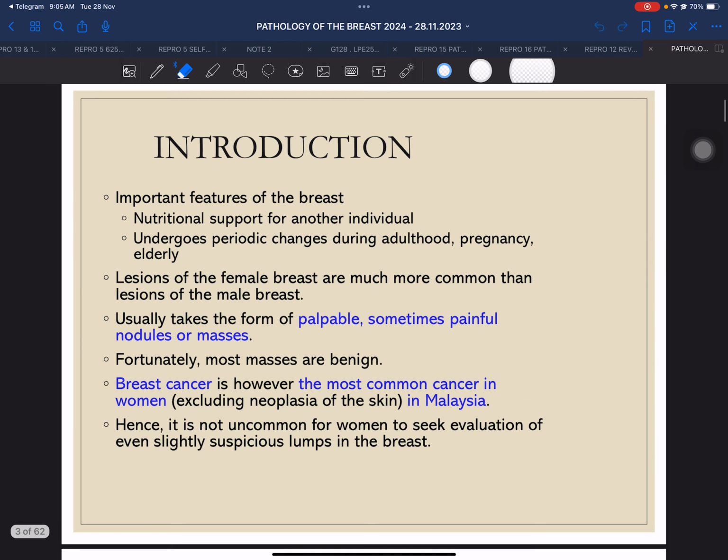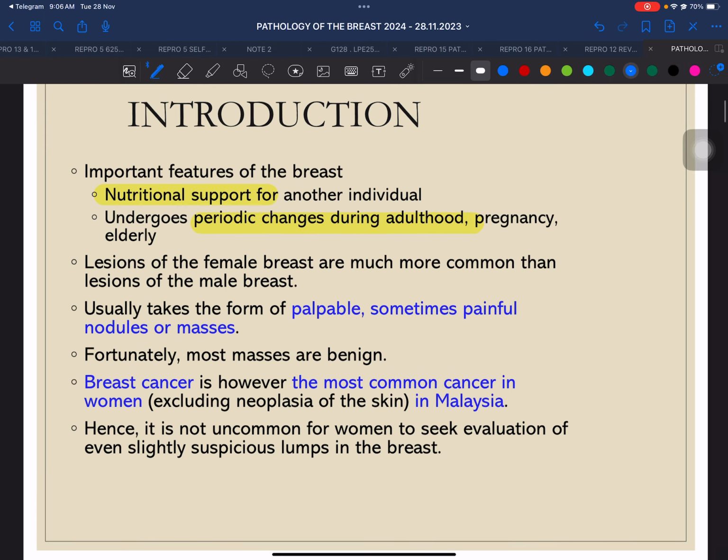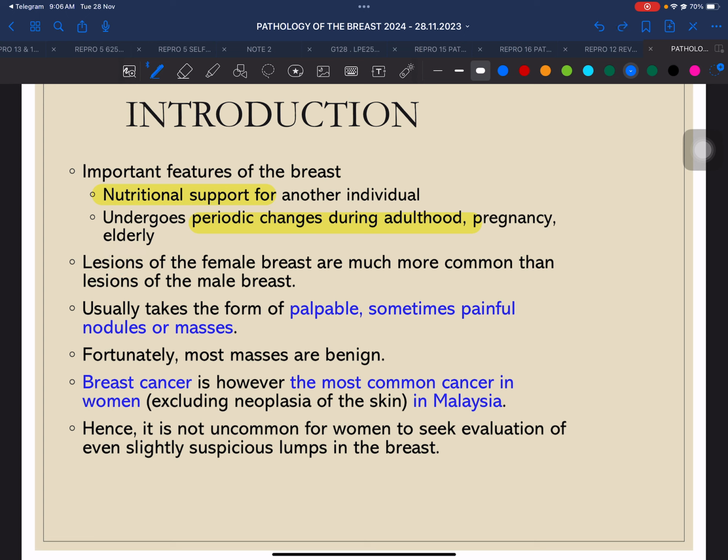The important feature of the breast is that it undergoes periodic changes during adulthood, during pregnancy, and during menopause. Lesions in the female breast are much more common than in the male. They usually present with palpable, sometimes painful nodules or masses, and most of the masses are fortunately benign.